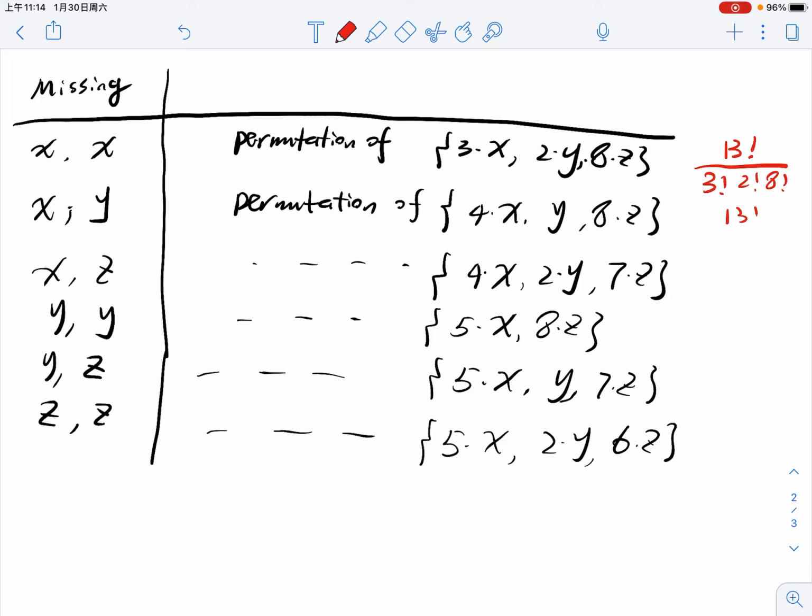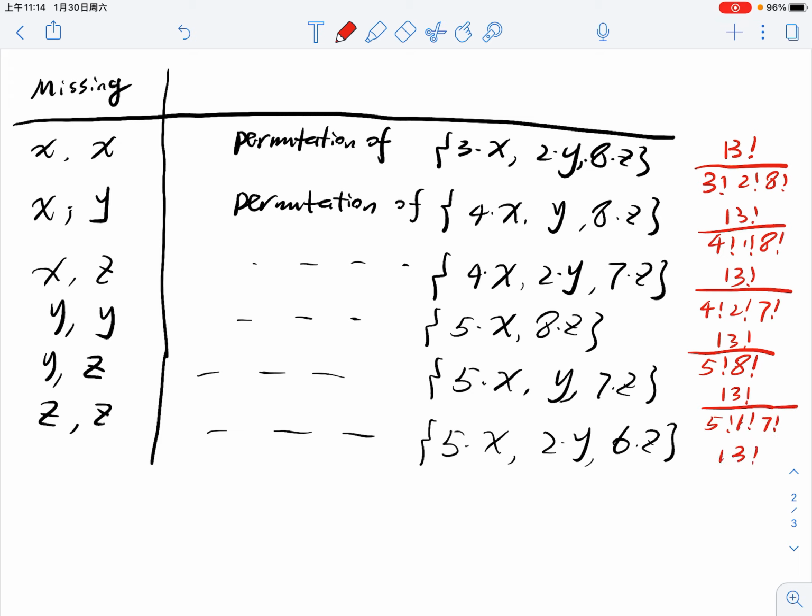Then you have 13 factorial over 4 factorial, 1 factorial, 8 factorial; 13 factorial over 4 factorial, 2 factorial, 7 factorial; 13 factorial over 5 factorial, 8 factorial; 13 factorial over 5 factorial, 1 factorial, 7 factorial; and 13 factorial over 5 factorial times 2 factorial times 6 factorial.